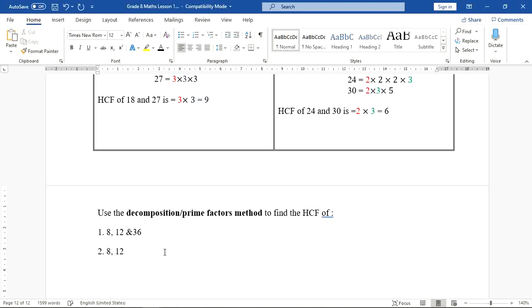Okay, I know we haven't done an example with 3 numbers, so let me find out if you can crack this on your own.